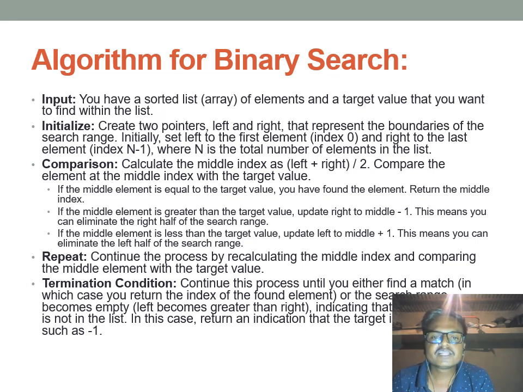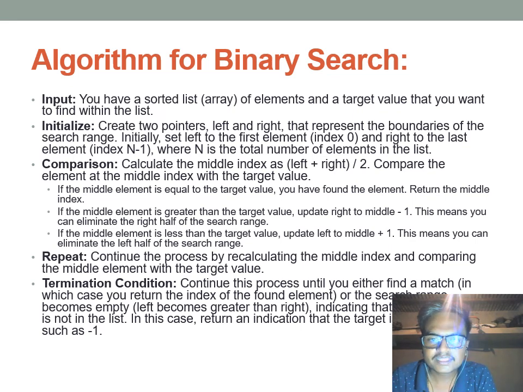Then we calculate the search range, where the first element is index 0 and the last element is index n minus 1, where n is the total number of elements in the list. Then we calculate the middle element, mid, of the list, and compare the element at the middle index with the target value.